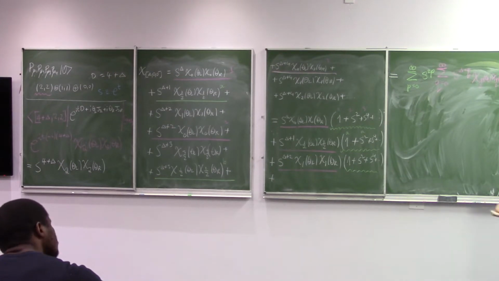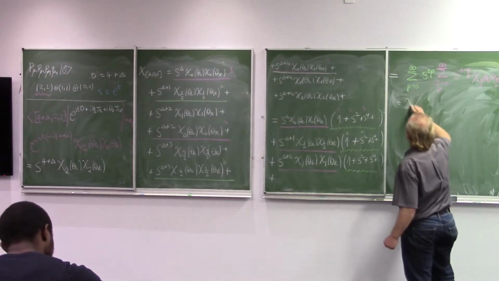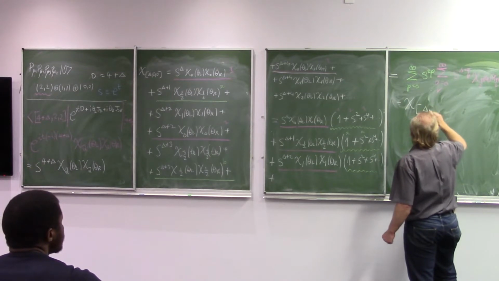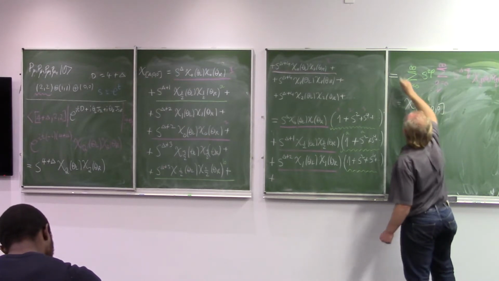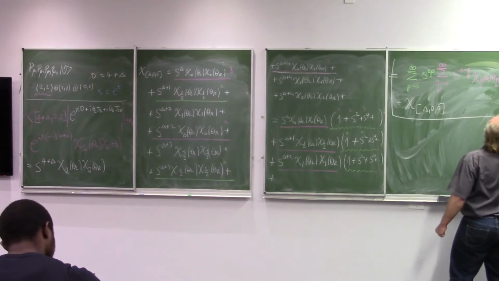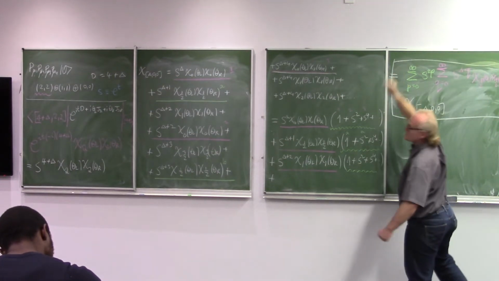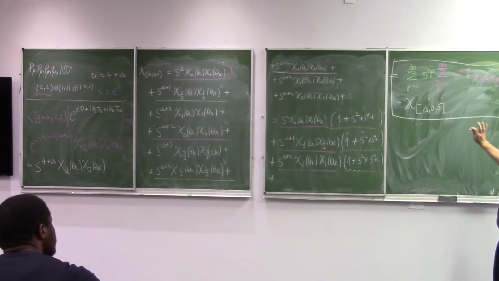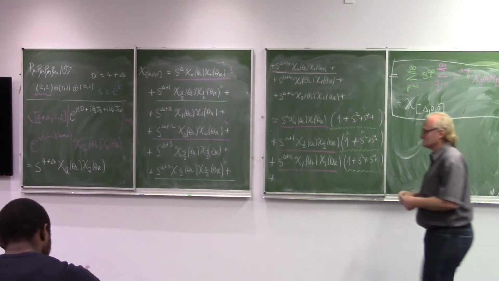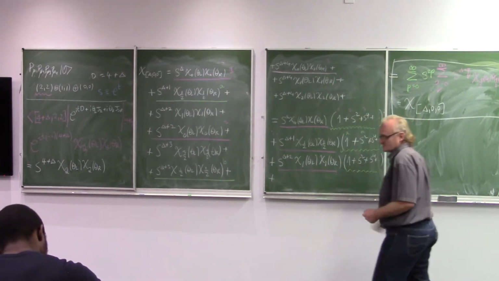And that's the character. You calculate them all like that. It's just a trace of a matrix.